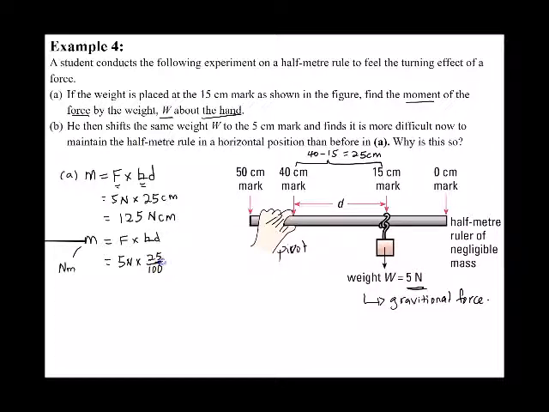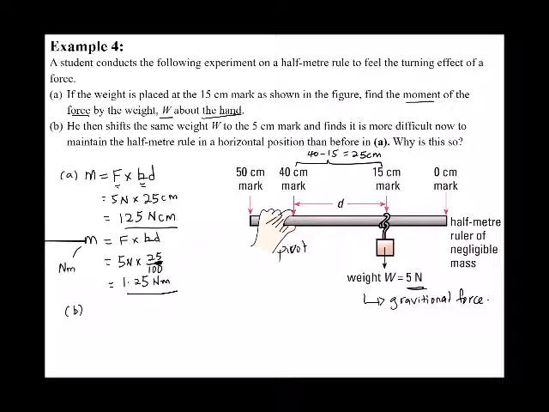And how do you do that? By taking the perpendicular distance in centimeters and dividing it by 100. Then you will get a value of 1.25 Newton meters. So this will be the moment of the force in its SI unit. Either way is fine, especially if the question does not specify.